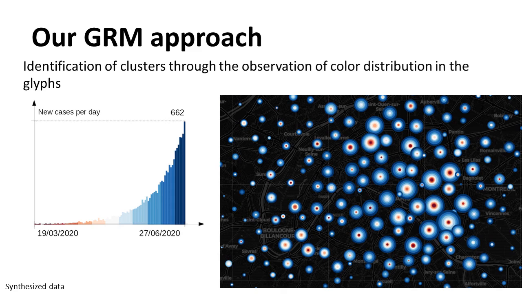For example, here, by observing the glyph presenting a higher proportion of dark red color, we can identify spatio-temporal clusters corresponding to the first concentration of events in time and space in the explored spatio-temporal window.